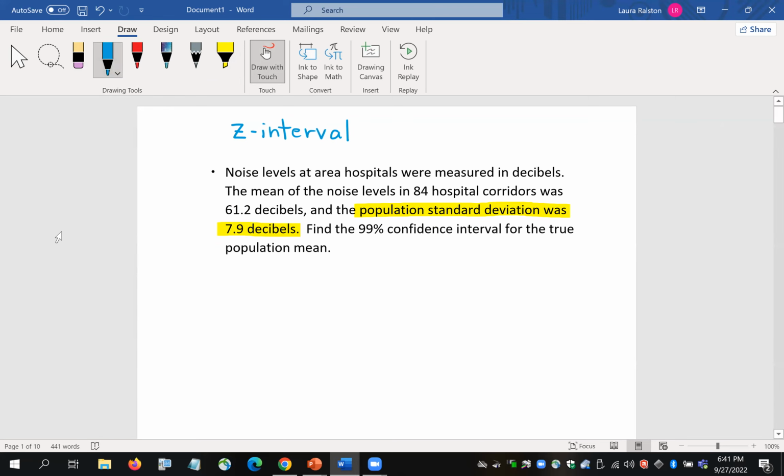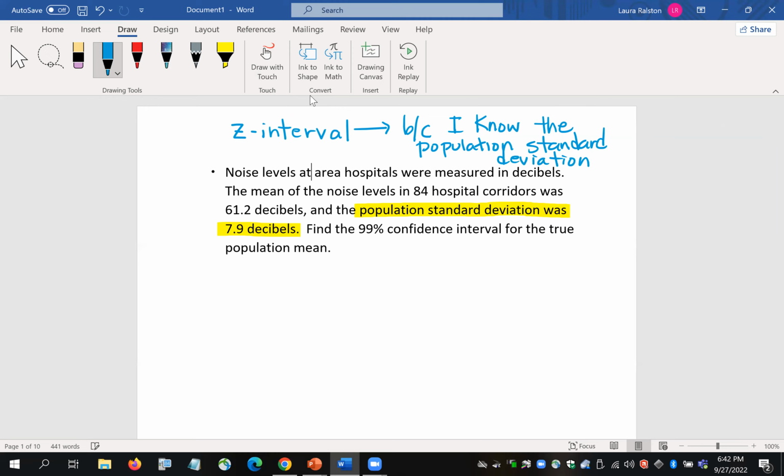So I know that I'm going to do a Z interval because I know the population standard deviation.